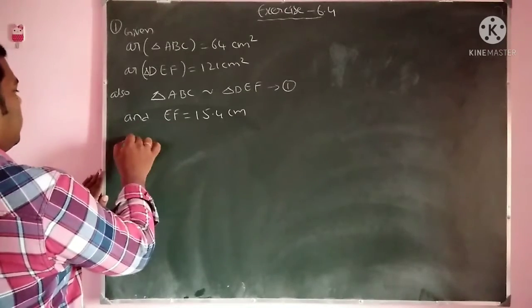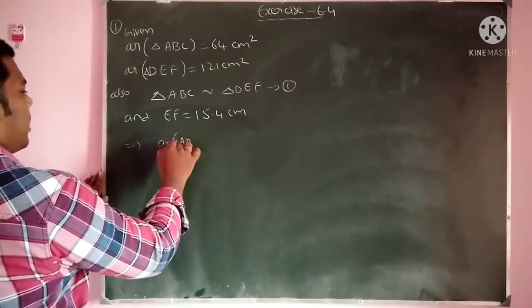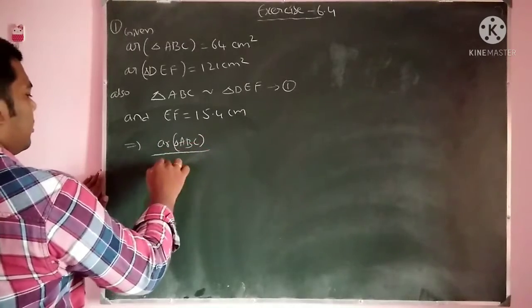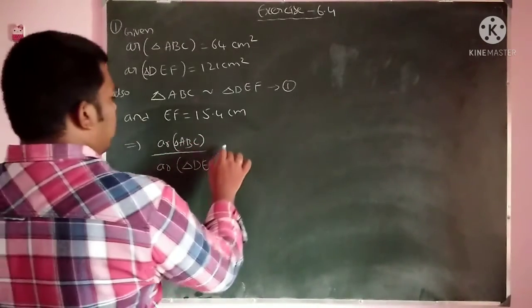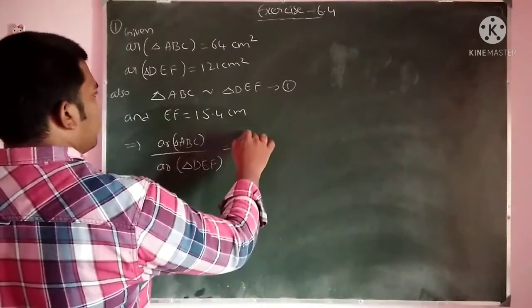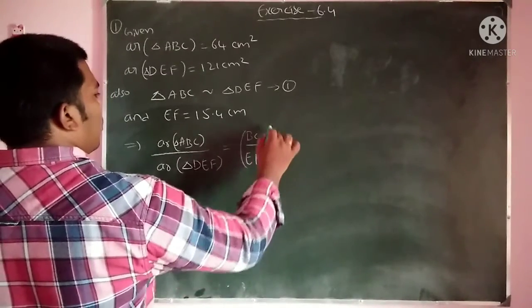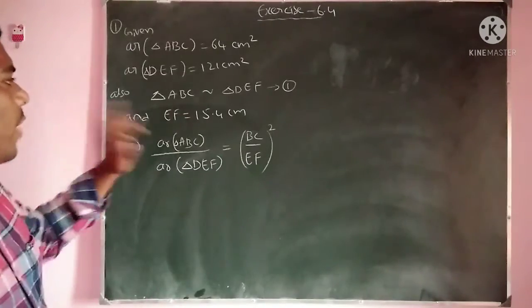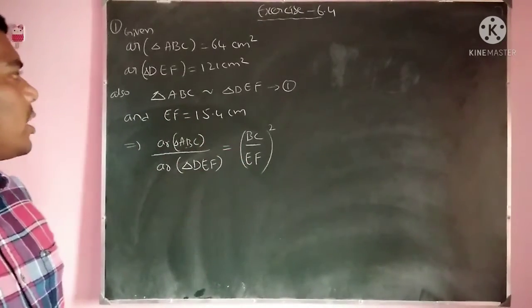So we can write area of triangle ABC by area of triangle DEF is equal to BC by EF whole square. Why? Because we need to find BC and they have given EF, so BC and EF are the corresponding sides.